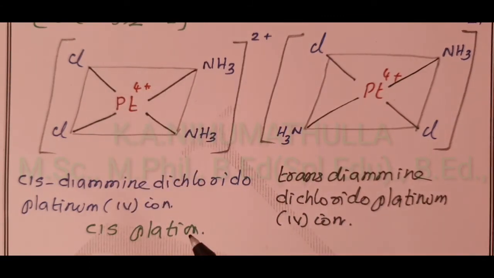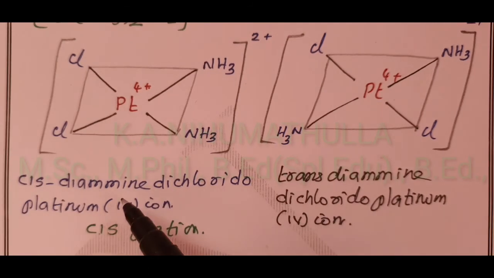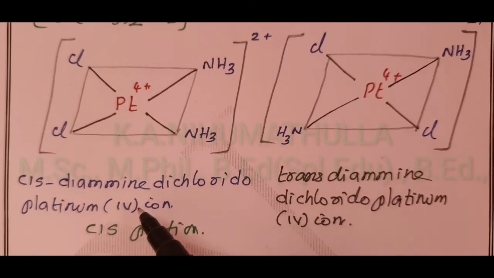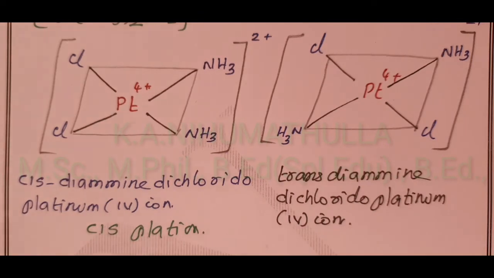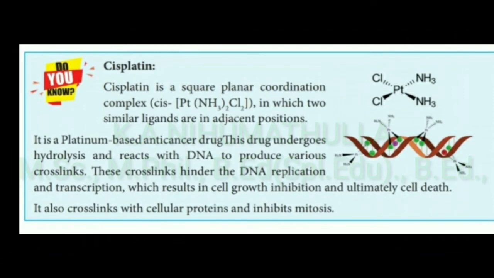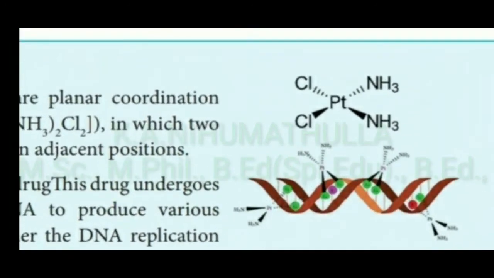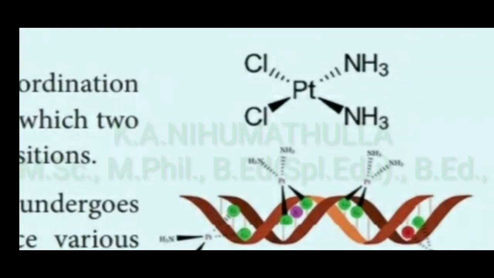What is the IUPAC name? Cis diamine dichlorido platinum 4 ion is the IUPAC name of our cisplatin. Cisplatin is nothing but cis diamine dichlorido platinum 4 ion. Cis diamine dichlorido platinum 4 ion is called cisplatin.